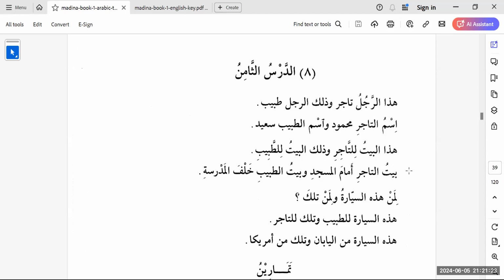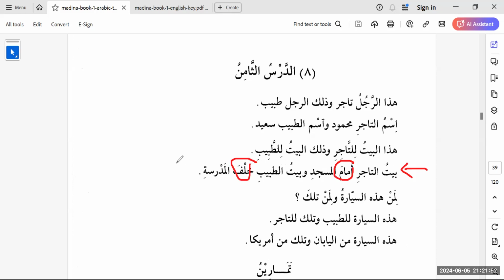Something about the businessman's house. Yeah, remember we just learned amam and khalf. Amam means in front of, khalfa means behind.